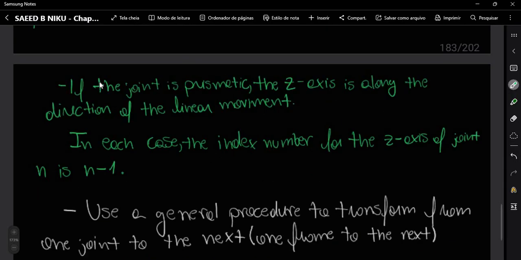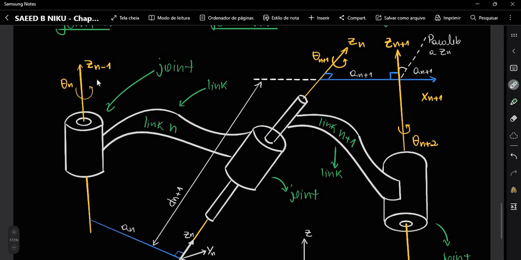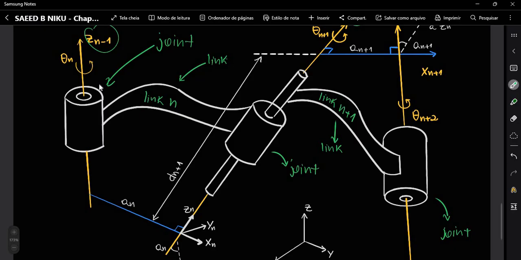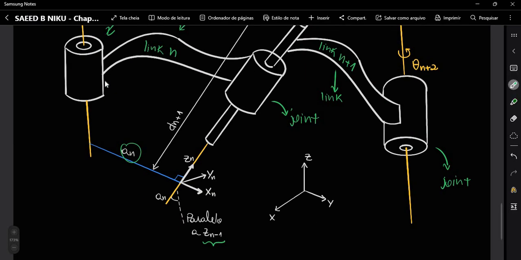Let's check. So we got the axis Zn minus 1, the axis Zn, and in between this axis, we got the common normal An. So the direction of Xn is along An.